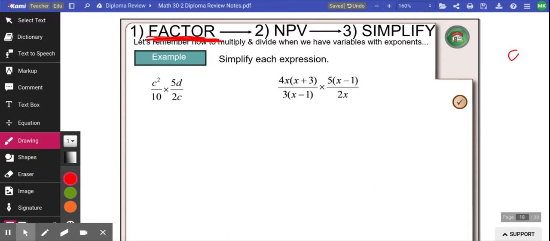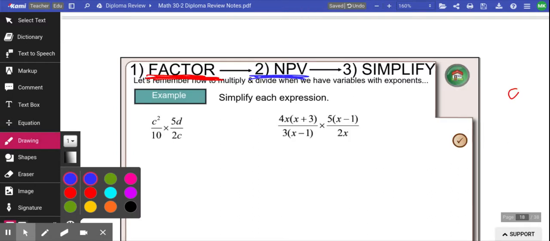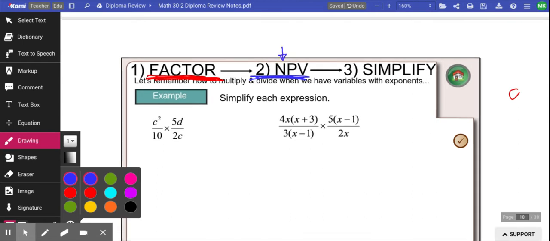The second step to any question is that we need to state our non-permissible values, which we call NPVs. Just a reminder of what NPVs are. They're things that do what? Yeah, they're values that cause us to divide by 0.